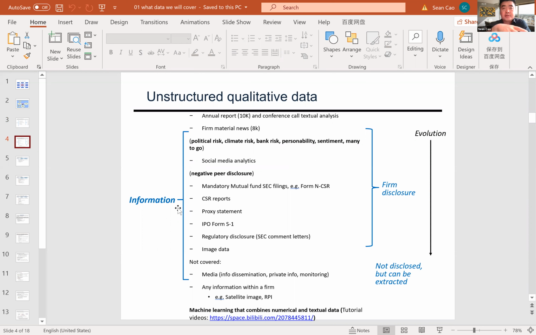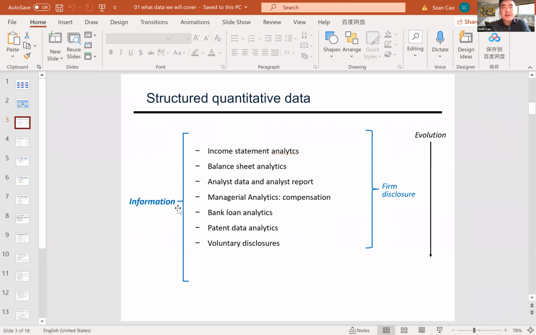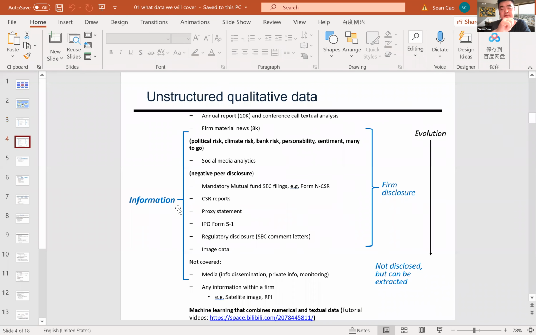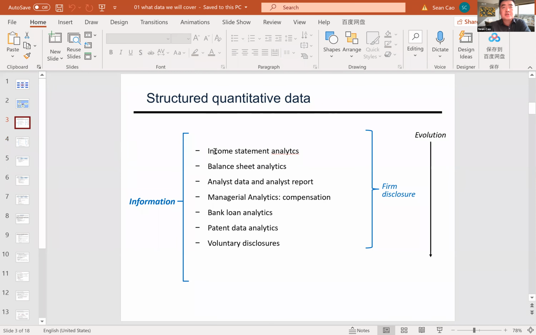So everything here is qualitative: textual, image, and stuff. This will be for the following semester. For the other class, I will focus on the numerical, structured data. This class will focus on unstructured qualitative data. So let's start with the structured quantitative data, and you can see what the idea is behind it.